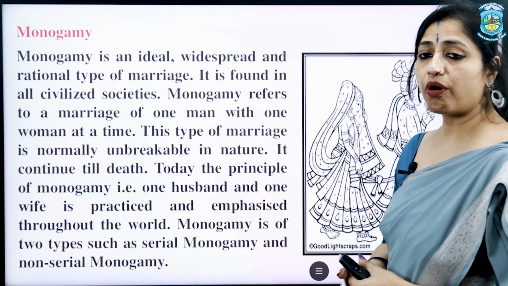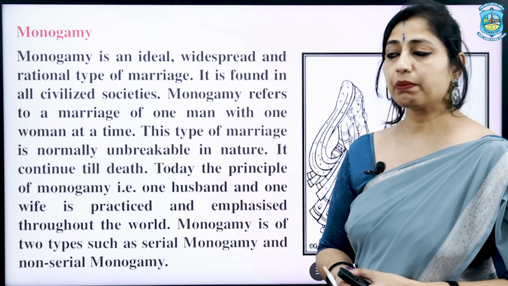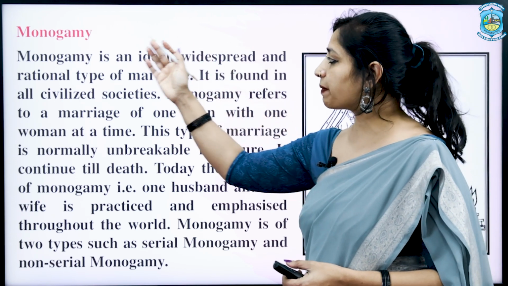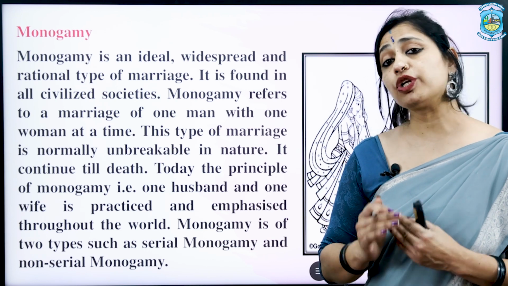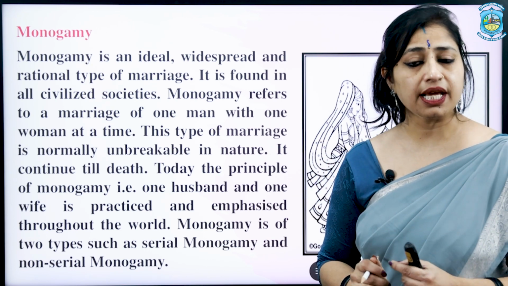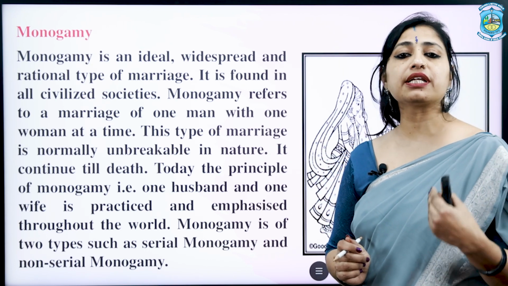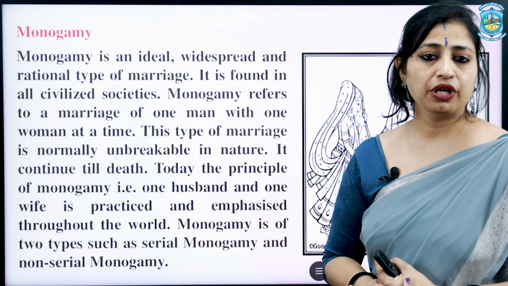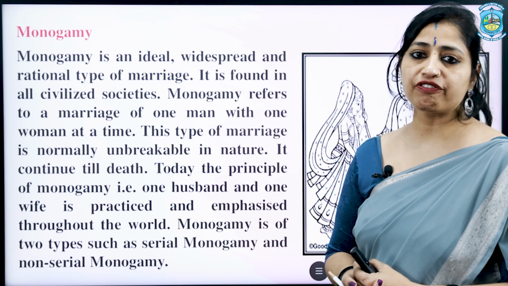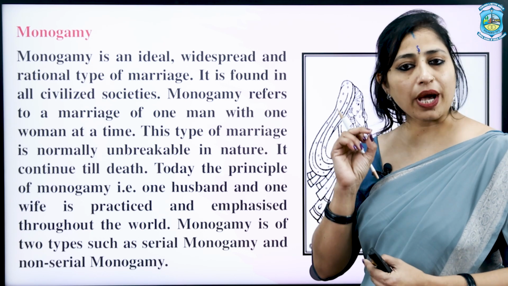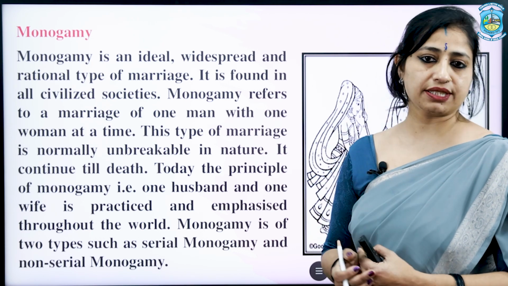So, the other form of marriage is monogamy. Monogamy is an ideal, widespread and rational type of marriage in contemporary times. It is found in all civilized societies and we can say it is the universally accepted form of marriage. Mono means one and gamy means marriage. So, monogamy refers to a form of marriage of one man with one woman at a time.